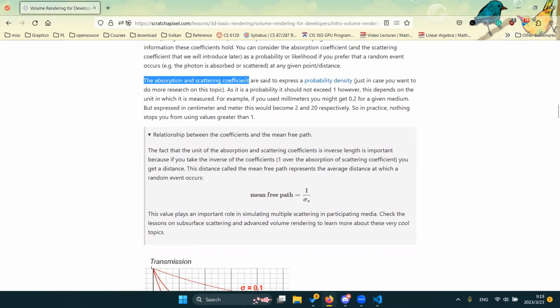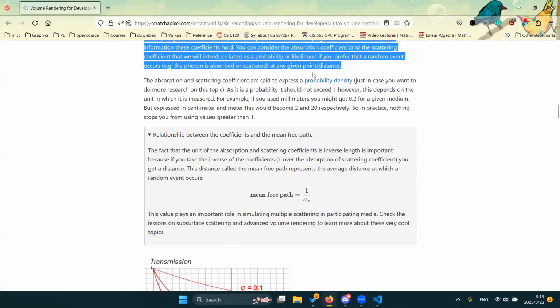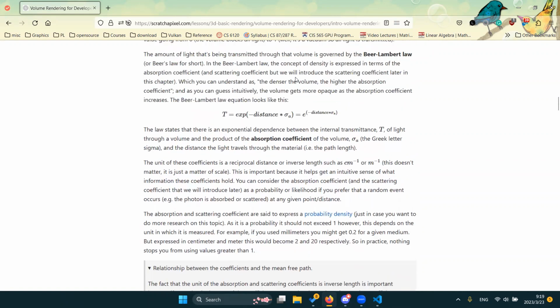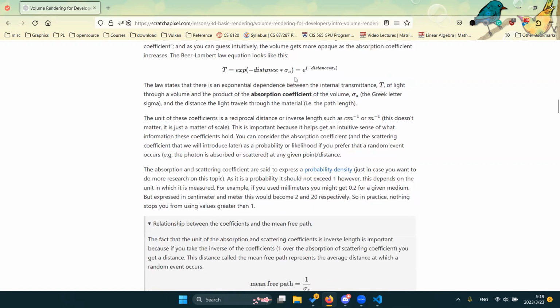The coefficients are said to express a probability density. I guess it's the probability that an individual ray of light gets scattered away or goes through unhindered when it travels through a certain distance.